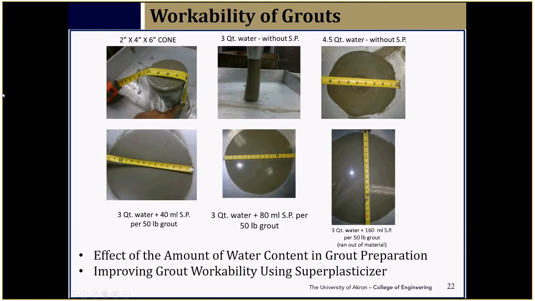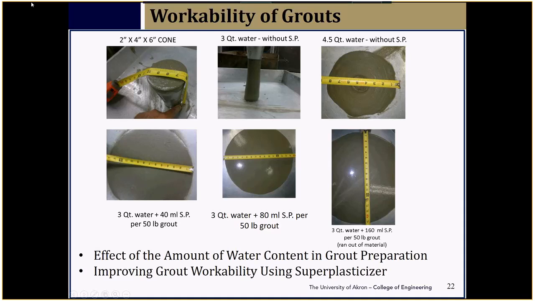So what's the difficulty with the current grouts? This slide shows the difficulty we have in terms of the current grout. The instructions on the grout bags, which come in paper bags, say to use 3/4 of a quart of water for 50 pounds of this grout. So we said, let's use 3/4 for 50 pounds.